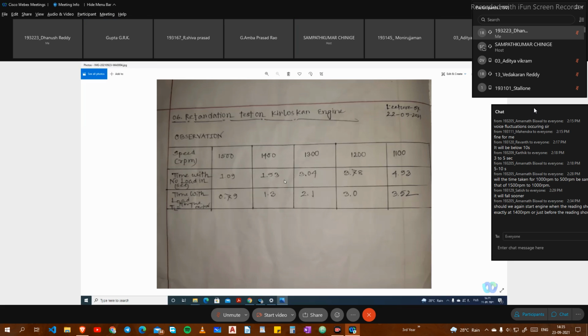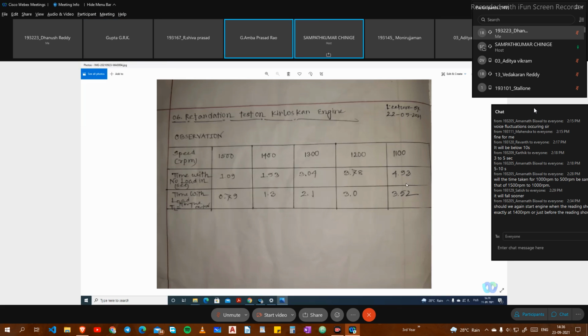This is a cumulative one, I think, no? Yeah. Without stopping it, he has continuously taken readings at every RPM. So from 1500 to 1100 means 4.93 seconds it has taken. Am I right? Yes. 4.53 minus 1.09. So it is almost 3 seconds.